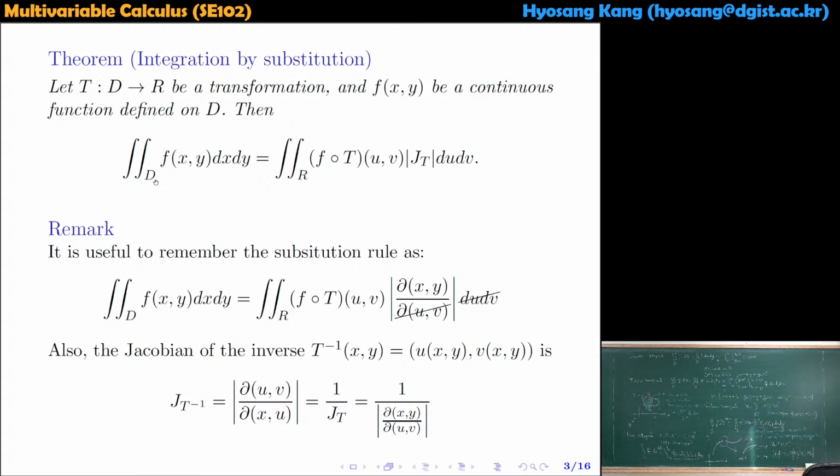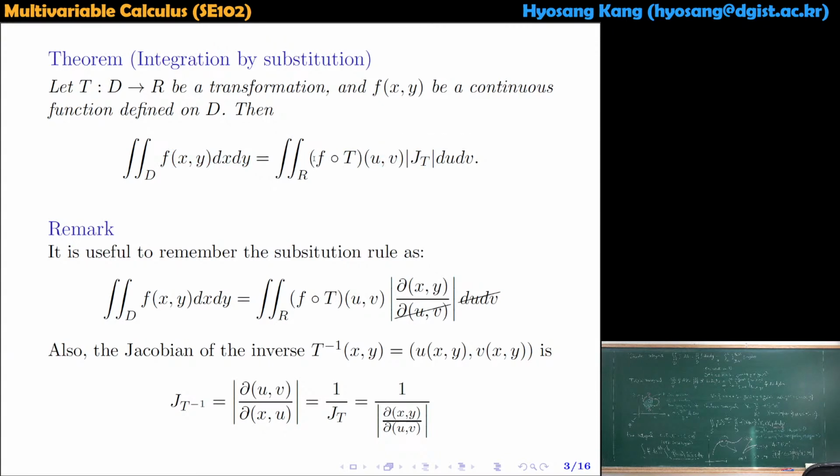So don't think about the symbol at the bottom of the integration sign yet. Think about taking an integration on the xy plane, okay? So this R is in the xy plane. I'm going to pull it back to the region inside the uv plane, and in order to pull back the region, I need to first substitute the xy coordinates into the uv expression.